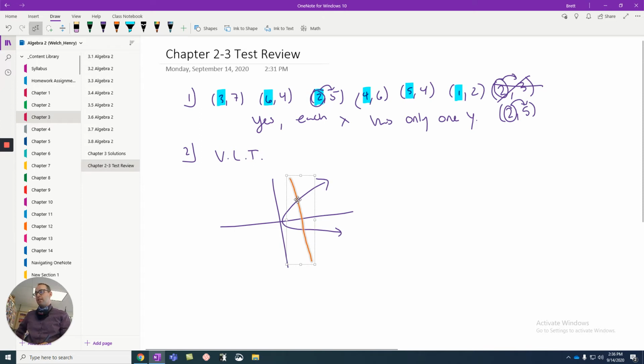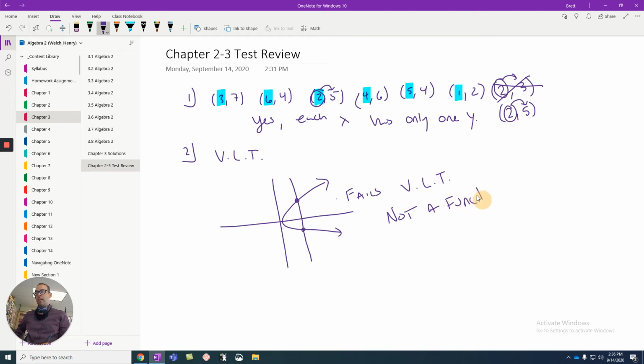So you see how it's crossing right here and right down here? That's an issue. Because it crosses there and there, we would say that it fails the vertical line test, so it's not a function.